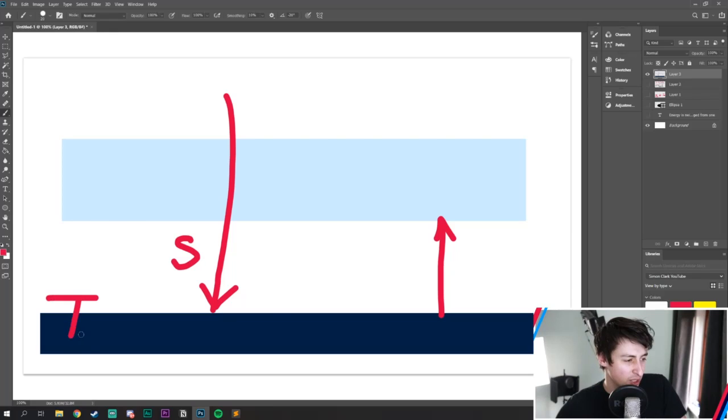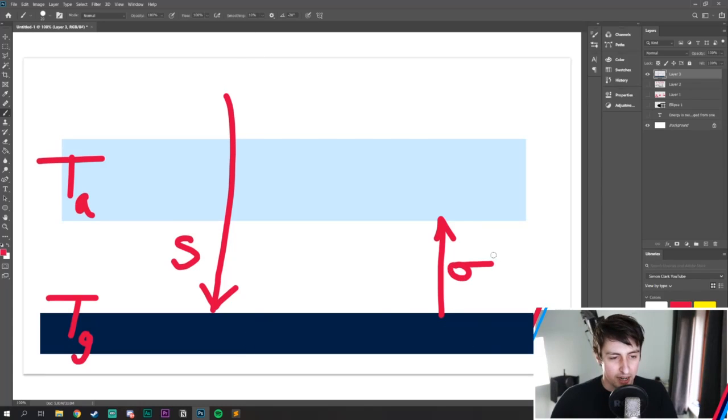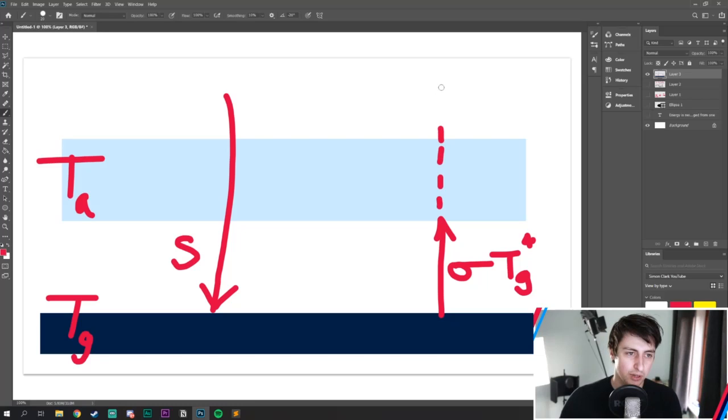We now need to introduce a bit of extra terminology. Let's have temperature of ground, Tg, and temperature of atmosphere, Ta. The incoming solar radiation passes straight through. We don't need to change that. The ground will radiate, as we said before, which is sigma Tg to the 4th power, and that gets absorbed by the atmosphere, except it doesn't entirely get absorbed by the atmosphere. What will happen is some of it will escape.